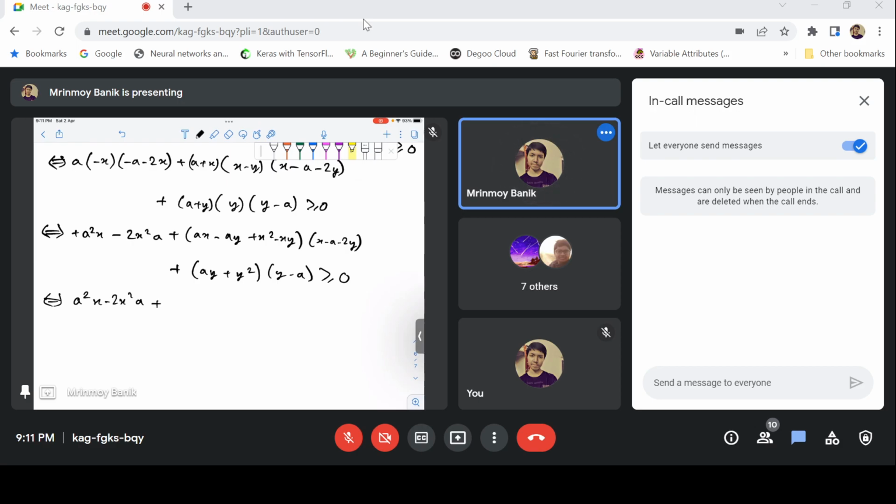So it's ax squared, axy, x cubed, x squared y, a squared x, a squared y, ax squared. This is plus ax squared, axy.